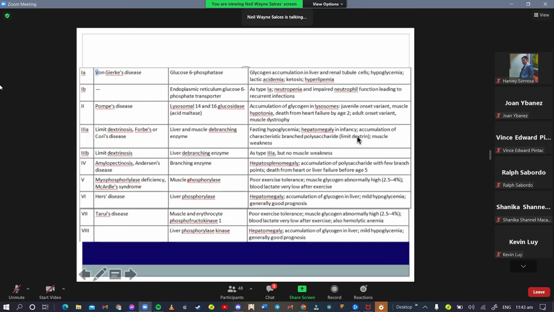So let's not go over them one by one. Just try to familiarize yourself with this table and know the basic enzyme deficiencies that produce these different glycogen storage diseases.